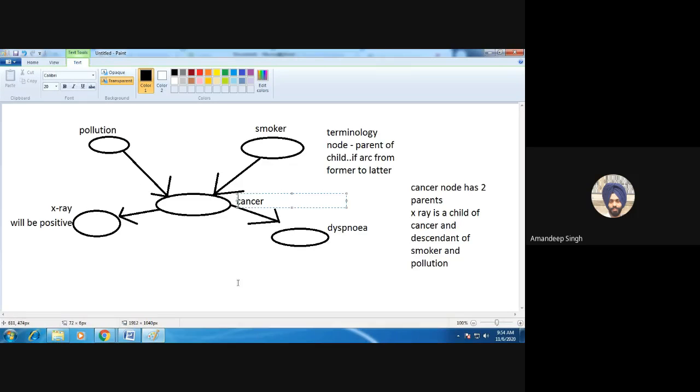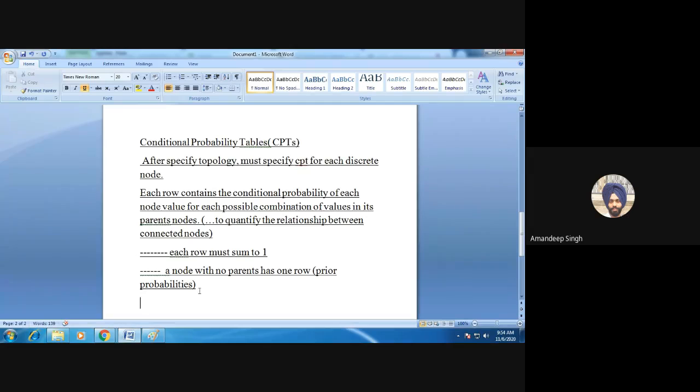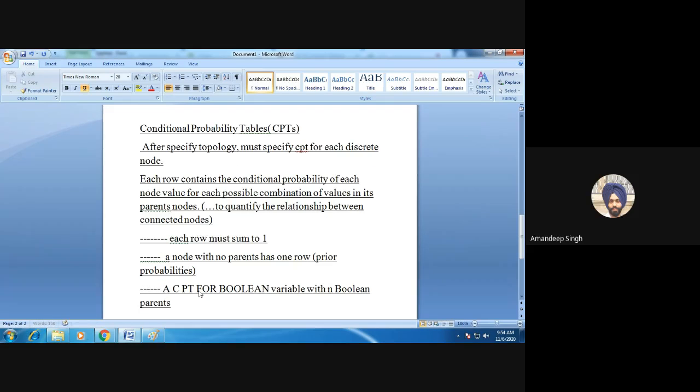Fine. And what else is there in the CPT is that the CPT for a Boolean variable with n Boolean parents contains 2 raised to power n plus 1 probabilities.